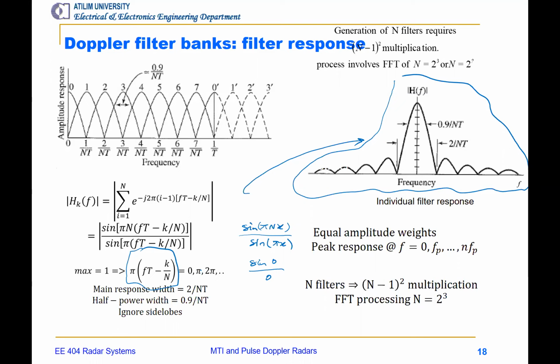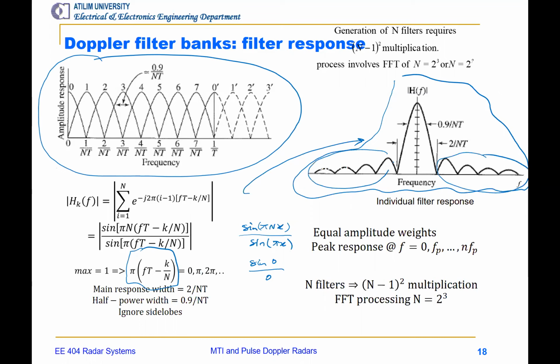And then by duplicating this filter at different frequencies, we get filter banks, just like here. We have side lobes that we ignored here, by the way. Here are the side lobes. The amplitude weights can be chosen according to the design requirements.